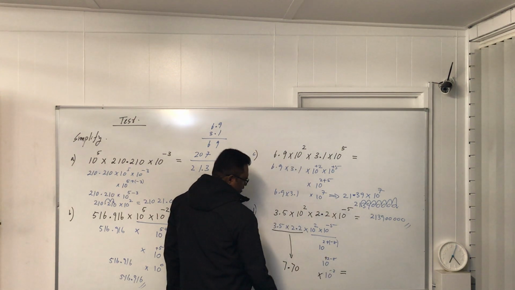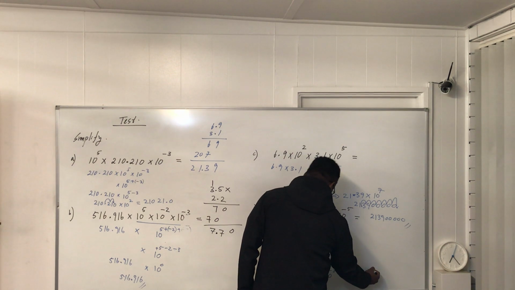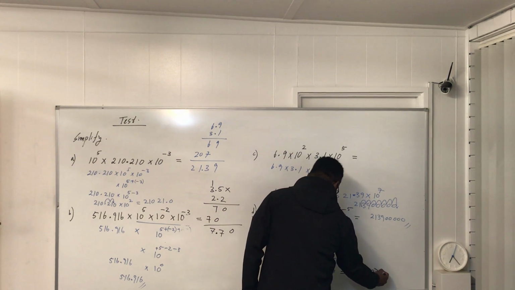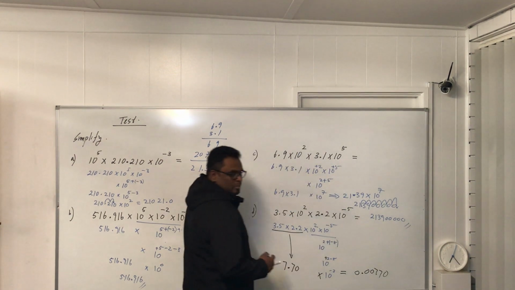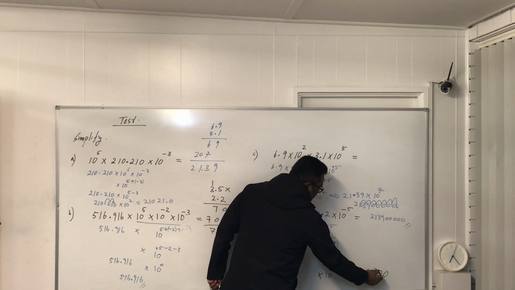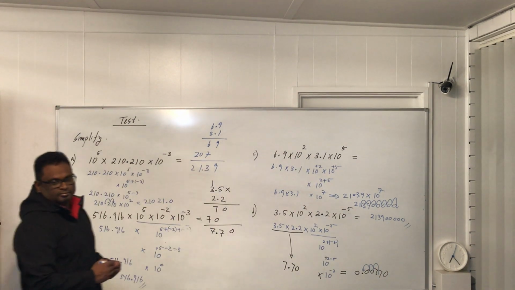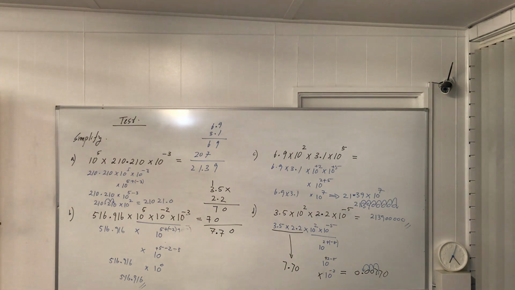The answer would be 0.00770. Initially the dot was here, came 3 places, 1, 2, 3 places left. All good? That's it. That's the end of the game.